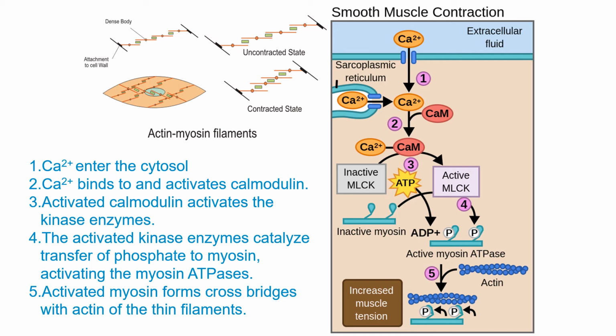The activated myosin forms a cross bridge with the actin of the thin filaments, and we will have an increased muscle tension. And again, as with skeletal, if the tension generated is greater than the opposing force, we will have shortening occurring.